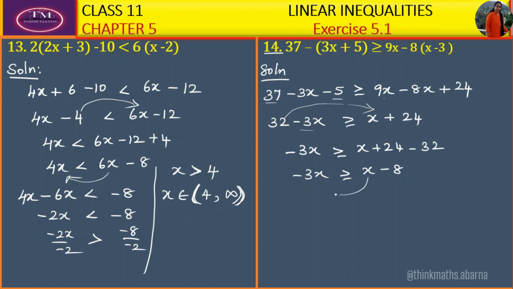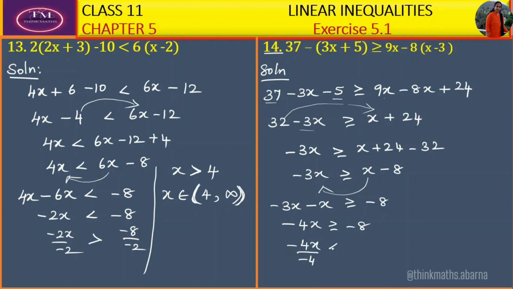Okay. Now bring this x to left side. So minus 3x minus x is minus 4x greater than or equal to minus 8. Now divide by minus 4. As we have minus 4 here, divide by minus 4 to cancel out.